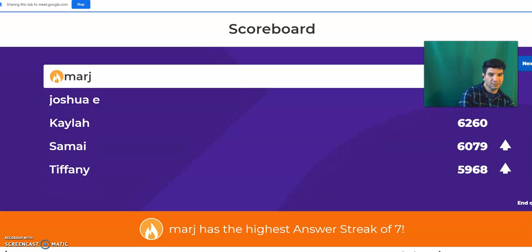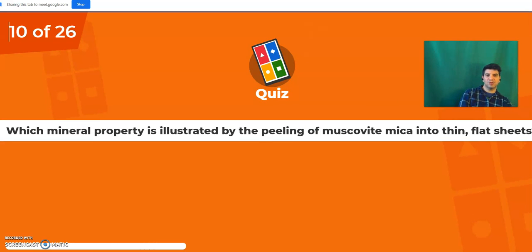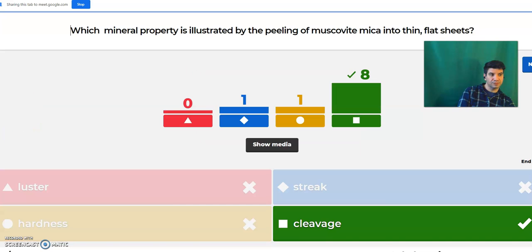Which mineral property is illustrated by the peeling of muscovite mica into thin, flat sheets? Cleavage, yeah. So if you could peel it off in sheets, it's cleavage. If you could hit it with a hammer and it breaks into flat sides, it's cleavage.